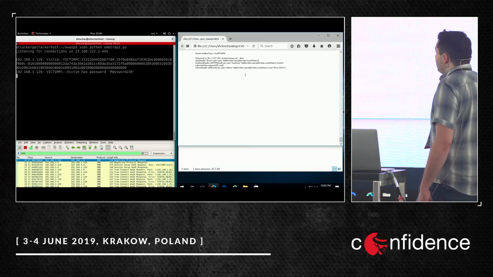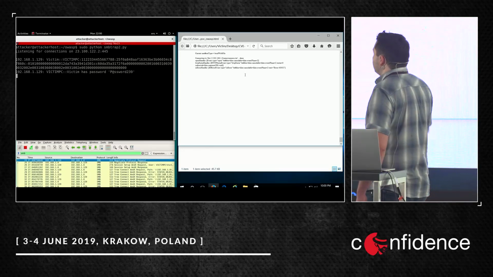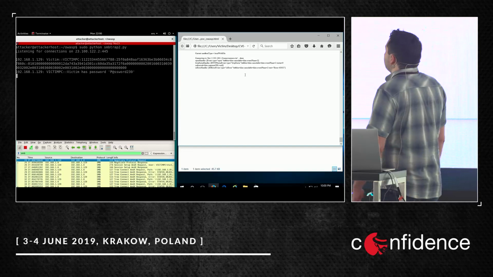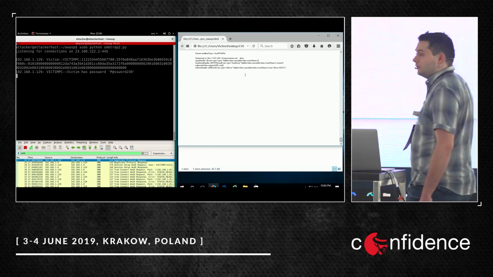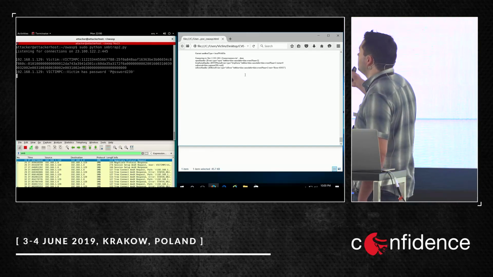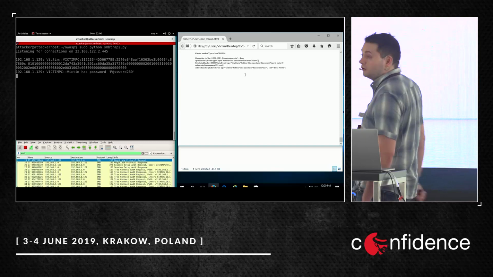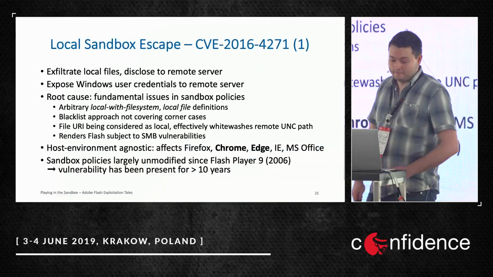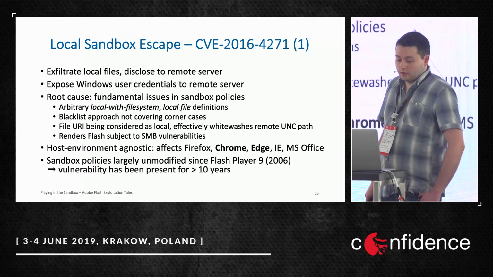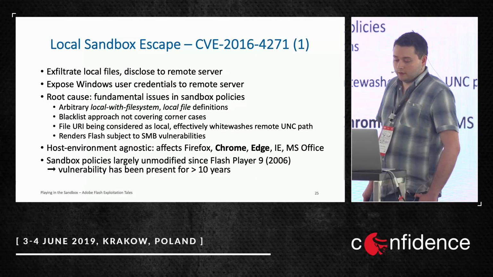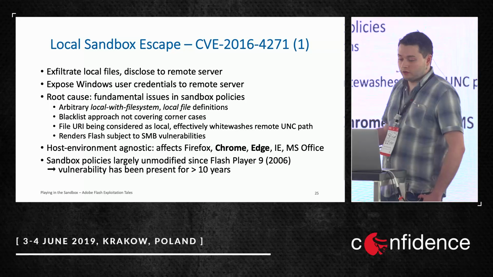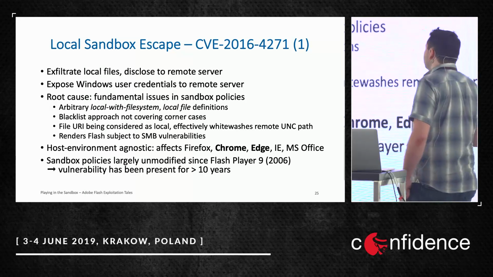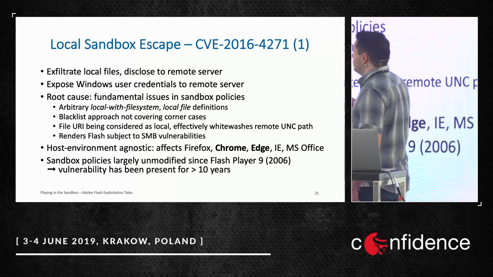And as you can see, we just escaped the sandbox, and I put a rainbow table in there, so SMB trap managed to match the hash against this very secure password. So we can exfiltrate local files, we can disclose them to a remote server, and we can also steal Windows user credentials.